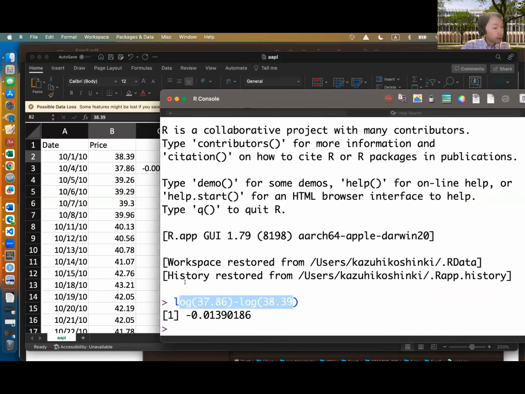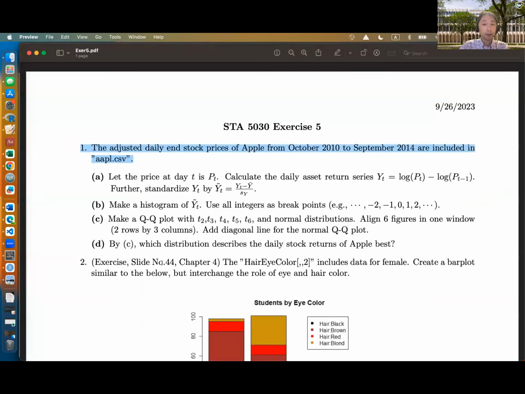So we transform this, that is what we have to do first. Then after that we standardize it, so we subtract the mean and divide by the standard deviation. This YT tilde is the vector we want to use. We want to make a histogram first, and we want to make several QQ plots. One is the QQ plot with T2 distribution, then T3, T4, T5, T6, and the normal distribution.